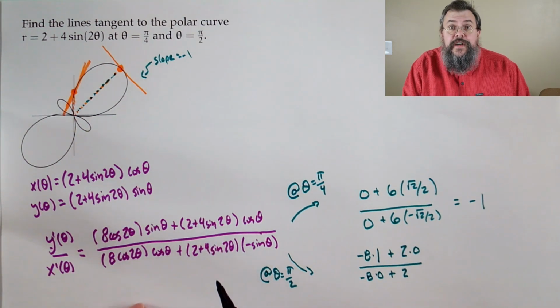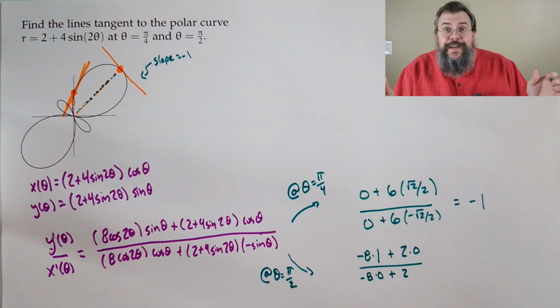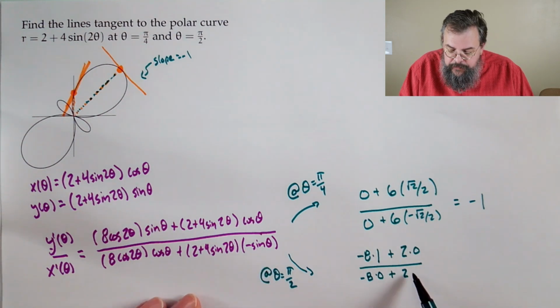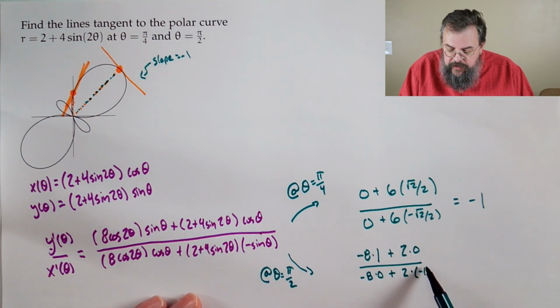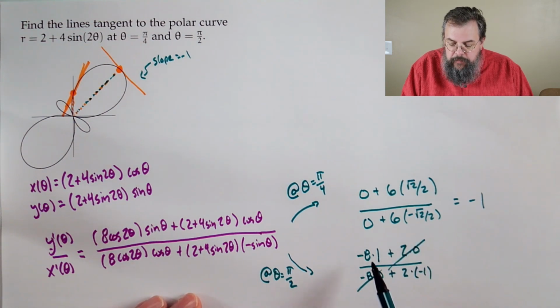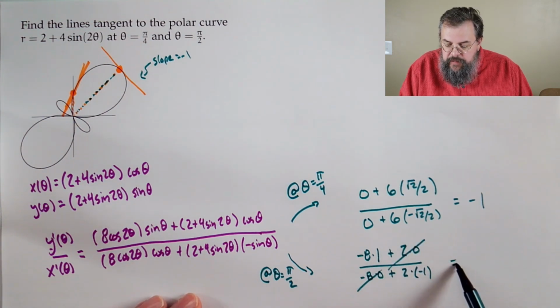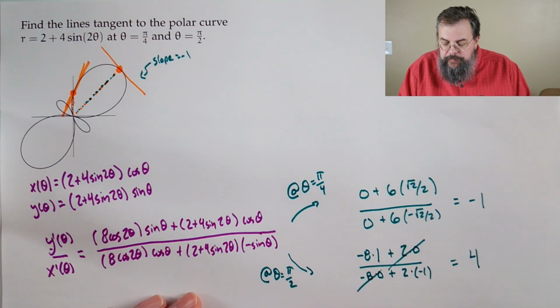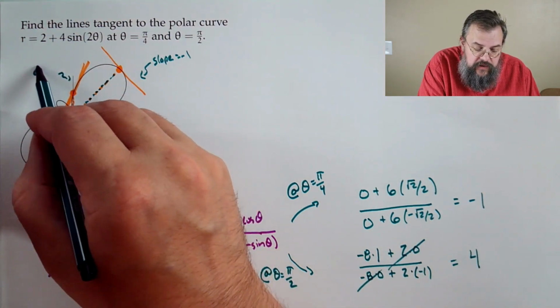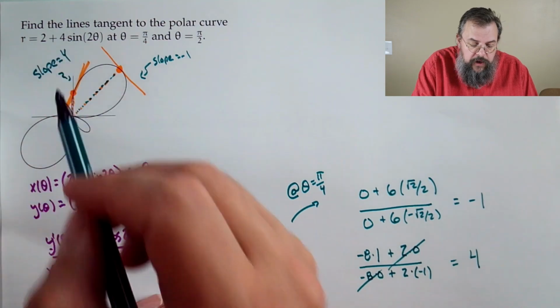Those parts are the same, which makes it easy. Now this minus sine pi over 2, well, that's a minus 1. So those are gone. Minus 8 over minus 2 makes it plus 4. So our slope is 4.